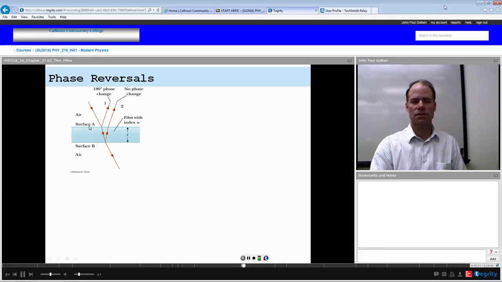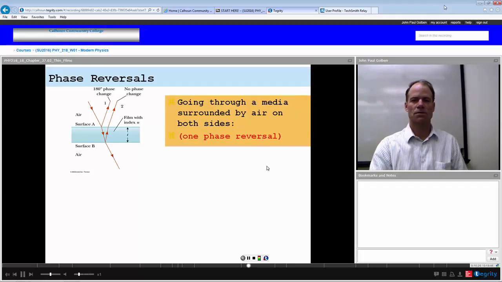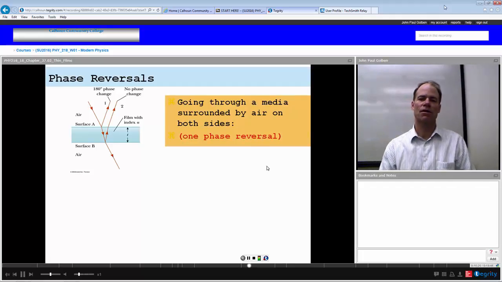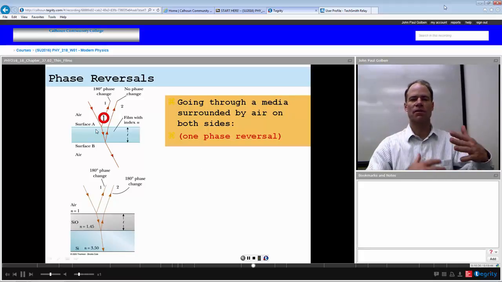So this is a look at what the soap bubble might do, where we have one reflection, 180 degree phase change, the other reflection, no phase change. So going through a medium surrounded by air on both sides, we would have one phase reversal and our formulas apply. But it's possible we could have a thin film on top of another substance.